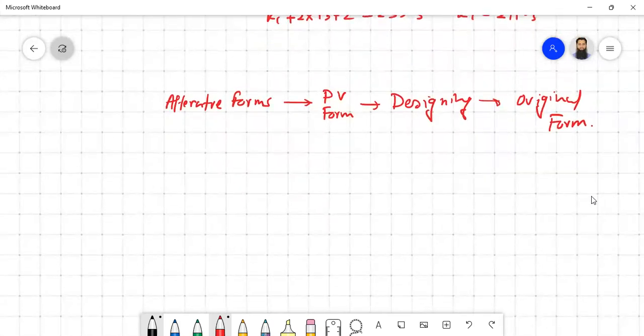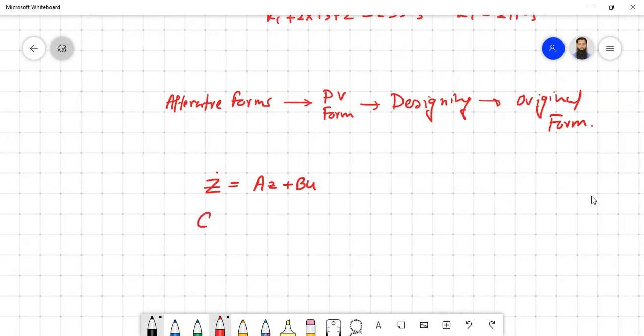So say a system that is not represented in the phase variable form is z dot equal to az plus bu. So first thing we should do is going for the controllability check, whether the system is controllable or not.